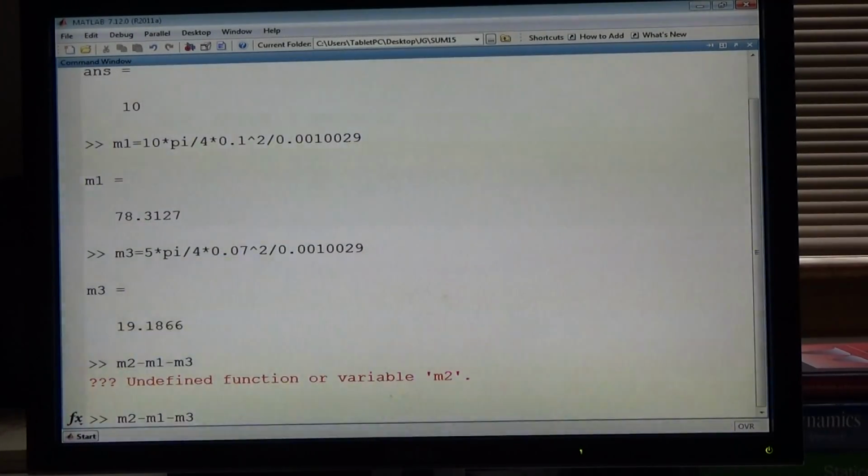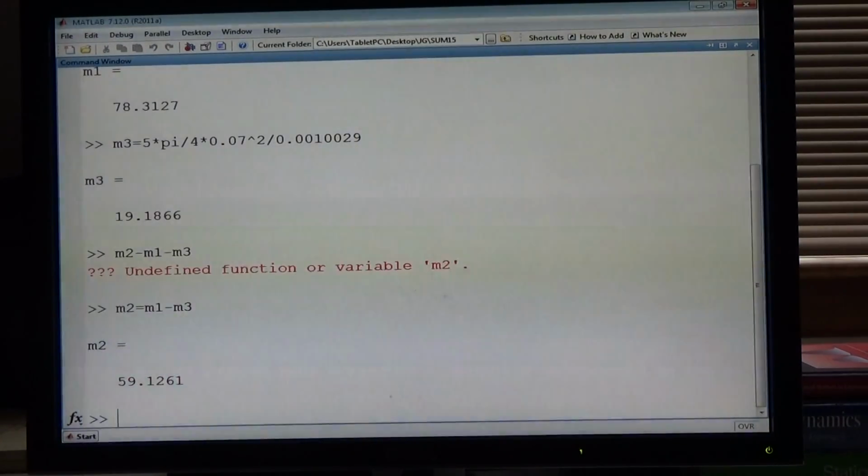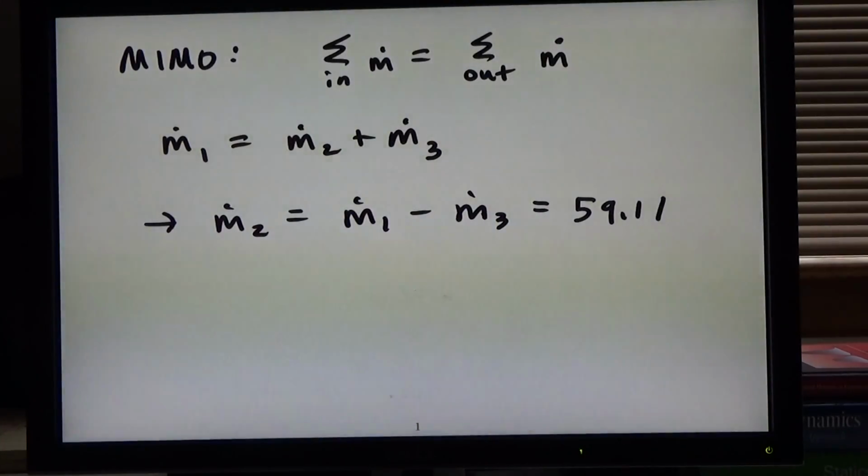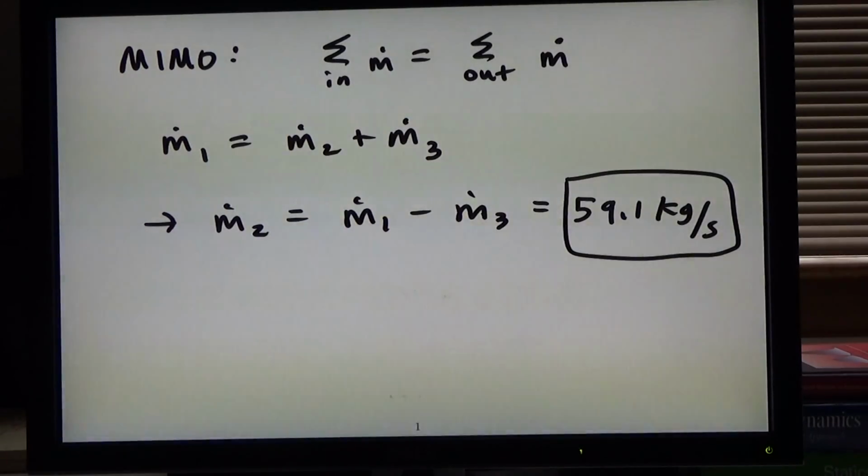So m dot 2 turns out to be 59.1 kilograms per second. So now we've answered all the mass flow rate questions. We know the mass flow rate at each inlet and outlet. The only other thing that we needed to find was the velocity at the exit, number 2.